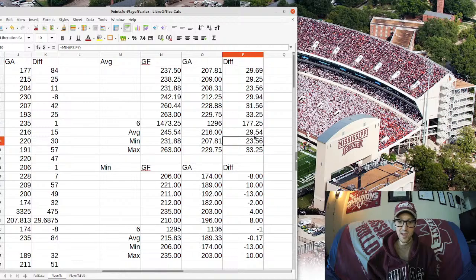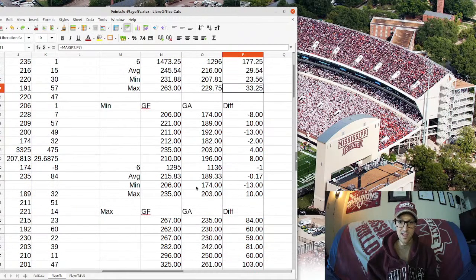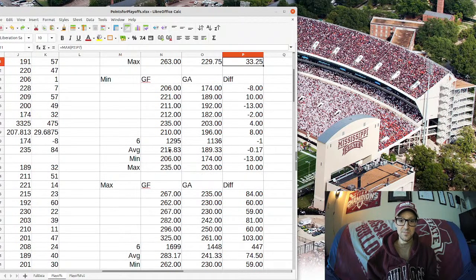Differential average 29, min 23, max 33. And then this gives you the range of the minimums. So the average minimum goals for was 215.